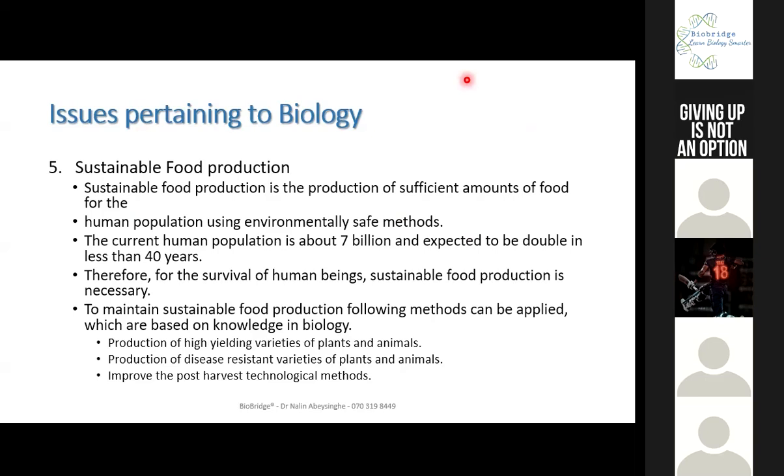Okay. So the current world population, I think it's 8 billion, 8 plus billion. It's more than 8 billion, right? So what will happen? Now, definitely there is a high potential to ask this kind of a question in the MCQ.